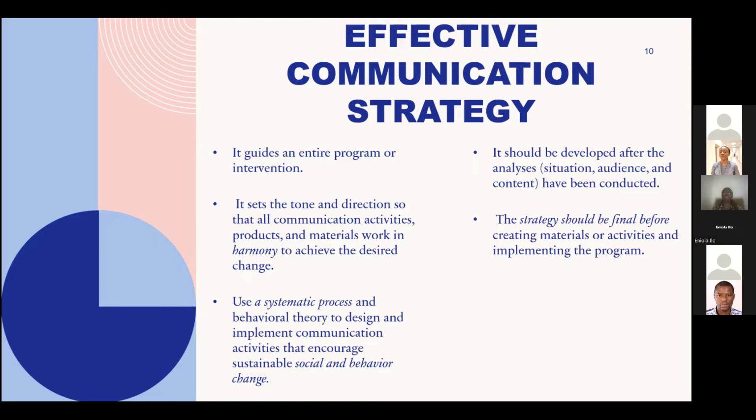You can also develop an effective communication strategy by doing an analysis, looking at the situation or the context of communication, understanding your audience, what content you are disseminating. Have you conducted an audience research that then builds into informing what to tell this audience?